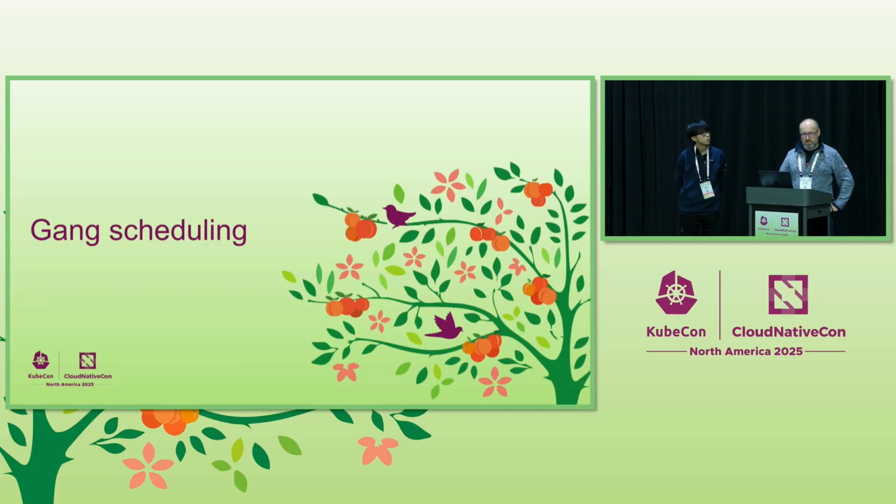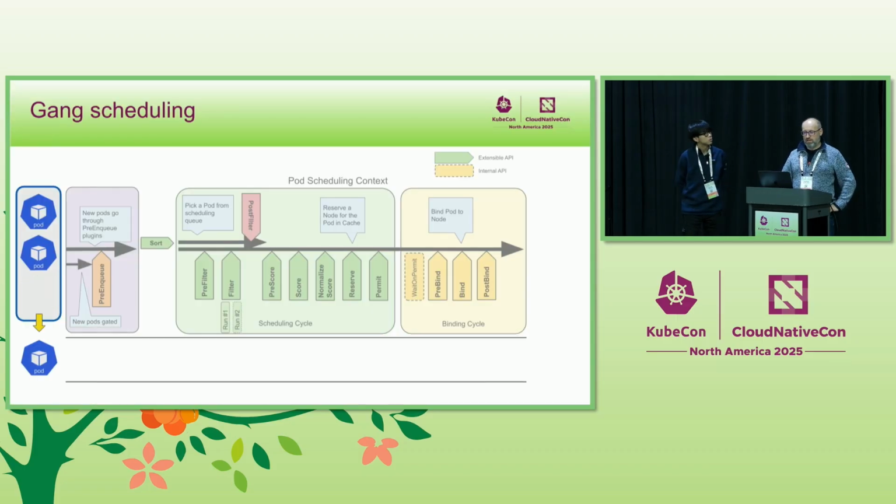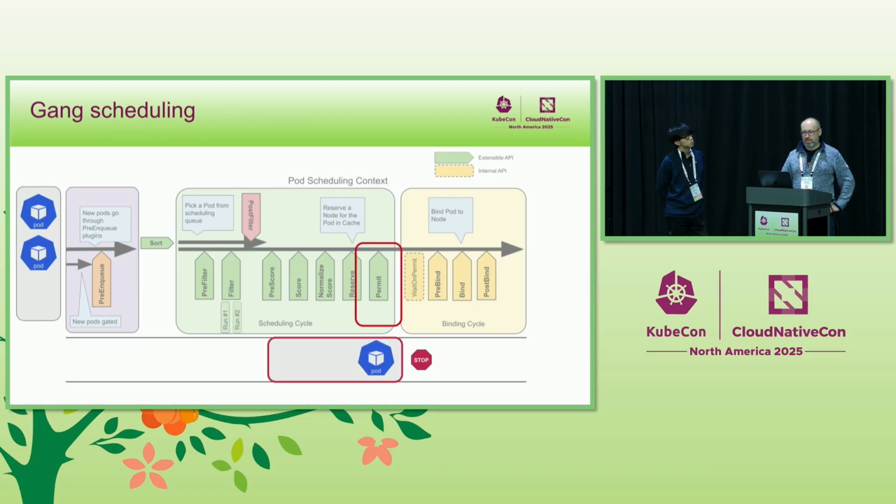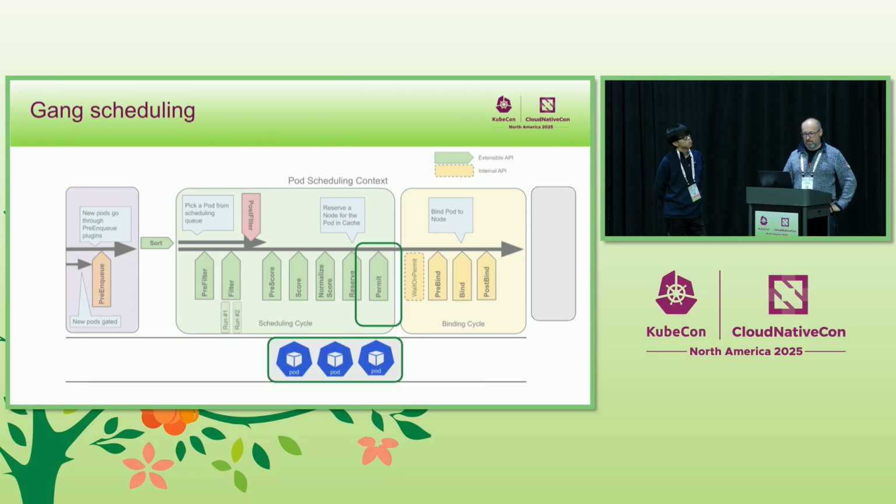In case of gang scheduling, we don't want those pods to leave the scheduling phase until all required pods are successfully scheduled. And only when all got scheduled, then we can allow them to start the actuation.